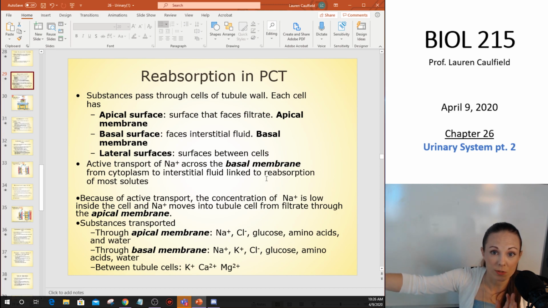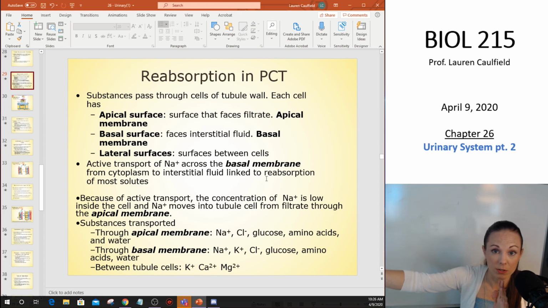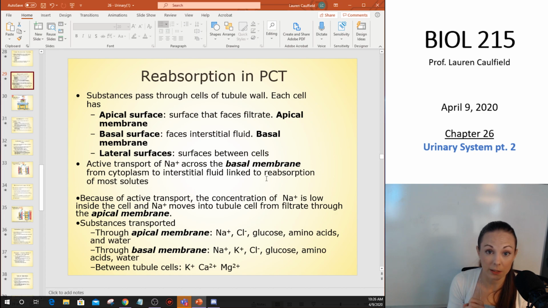As you move those solutes out, you make that filtrate less concentrated, which means that water is going to want to do what? It's going to want to follow the solutes, okay? And so you're also going to have movement of water along with the movement of solutes. So the water movement is going to be via osmosis, okay? And depending on the ion, we may have active transport, diffusion, things like that, okay? But for sodium, it's active transport across that basal membrane.